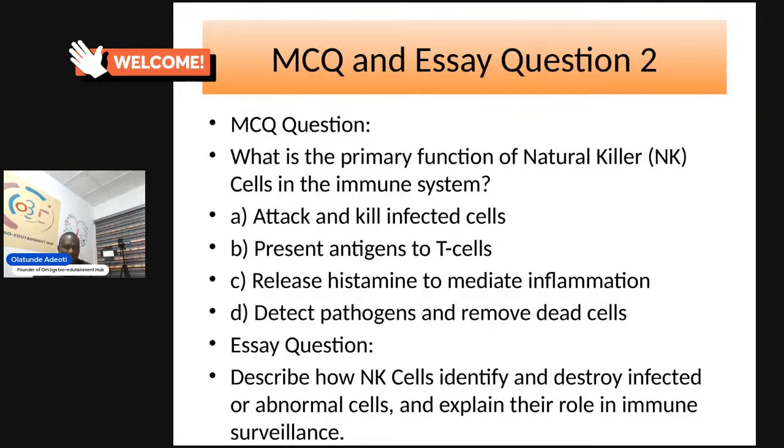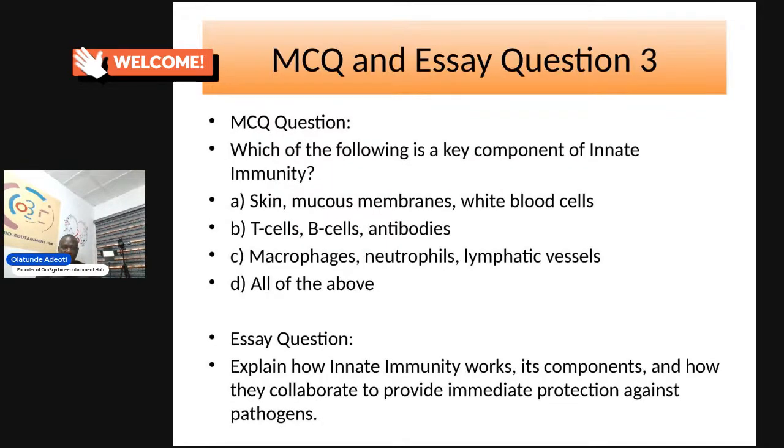Are they involved in attack and killing of the infected cells, do they present antigen to T cell, release of histamine to mediate inflammation, detect pathogen and remove dead cells? Then describe how natural killer cells identify and destroy infected or abnormal cells, and explain their role in immune system.